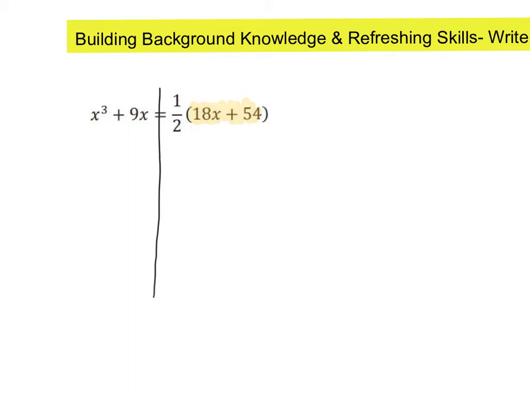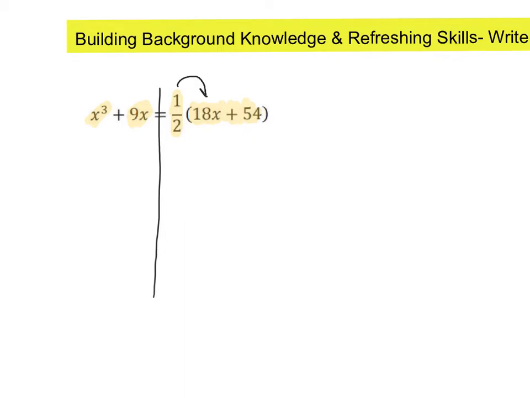All right. Is there any multiplication going on? Yeah. x is being multiplied by itself 3 times. 9 is being multiplied by x, but I can't simplify either of those. Okay? And then I have this 1/2 being multiplied to whatever's in the parentheses beside it, and I can simplify that. So that's going to be my first step here.